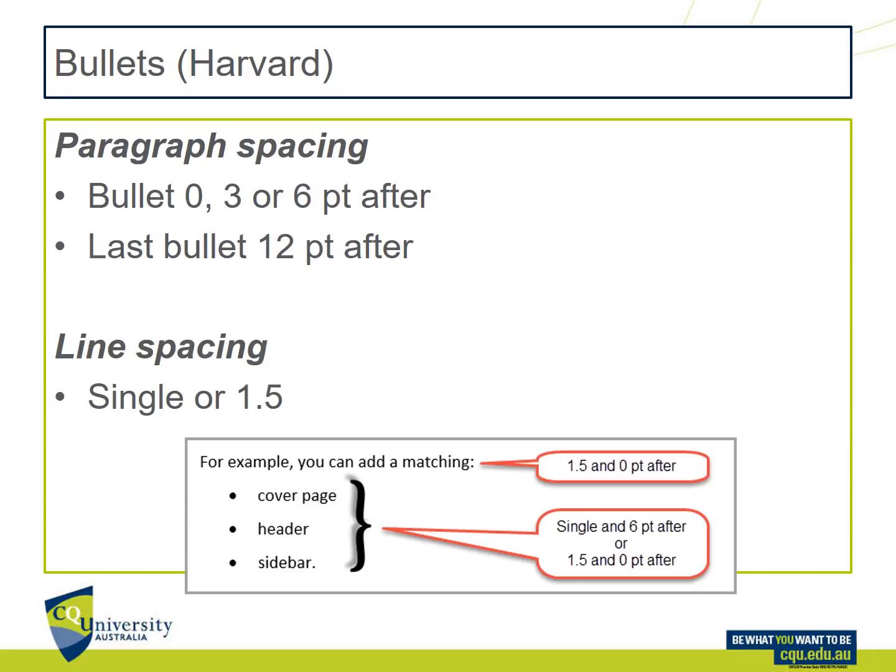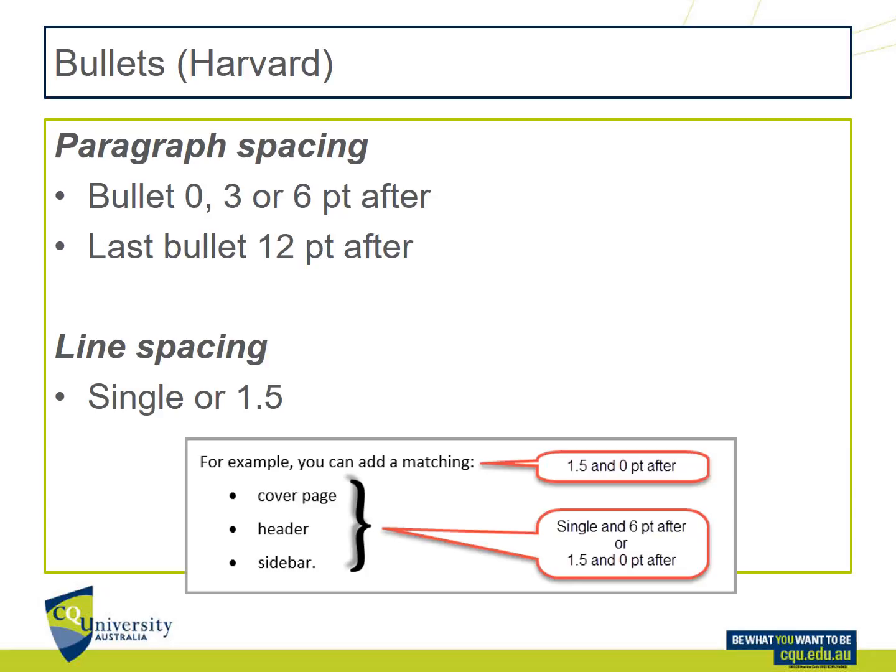Here I have an example with the line spacing set to 1.5 for your lead-in sentence. You're going to make the paragraph spacing 0 points after. The reason is to pull the bullets a little closer to that lead-in sentence. Then your bullet points are going to be in single line spacing with 6 points after, or 1.5 line spacing with 0 points after.